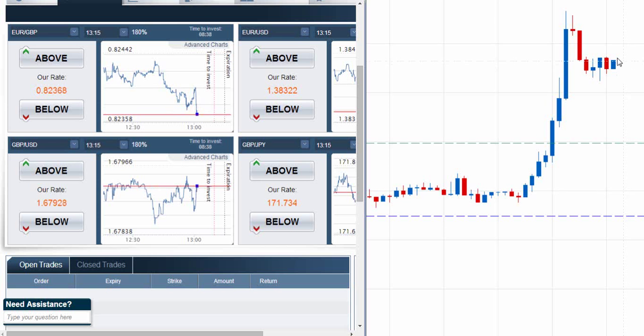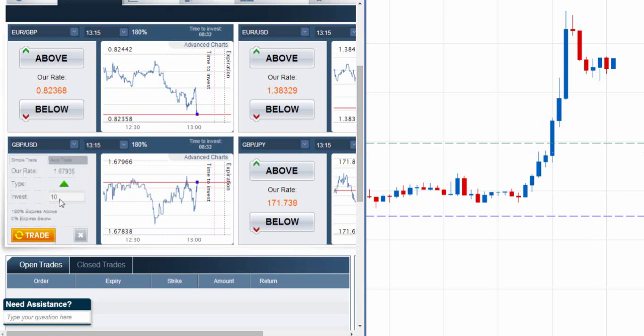And I just want to see that it's going to break out of this shorter term consolidation. Okay, so now we're in.